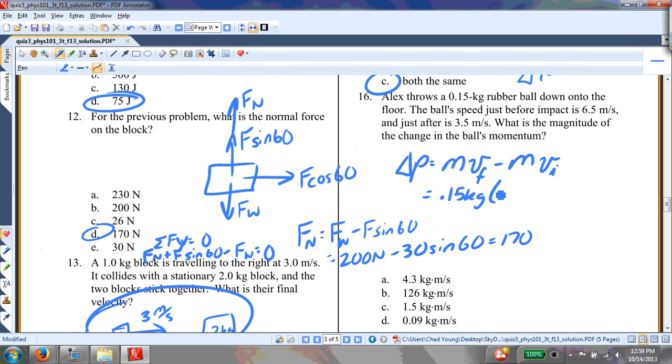I'll factor that out, so it's going to be V final minus V initial. Afterwards, it's coming up at 3.5 meters per second. Initially, it was going down at 6.5 meters per second, so I have to make that negative. So that's 0.15 times 10, which is 1.5 kilogram meters per second. So that is C for number 16.